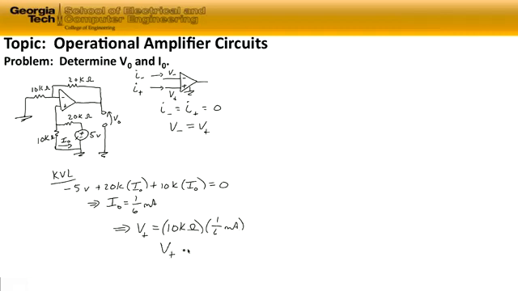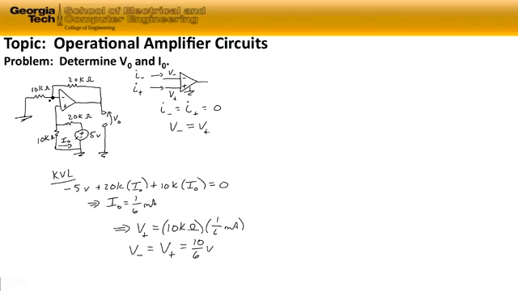So our voltage at the non-inverting input is equal to 10/6 of a volt. We also know that that is equal to the voltage at the inverting input. So the voltage at this node has a level of 10/6 volts.